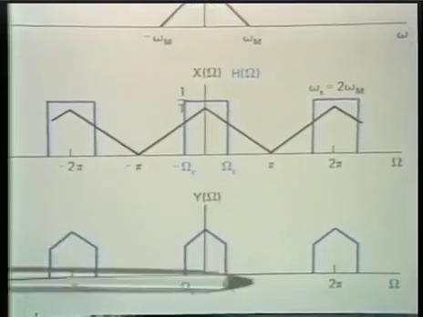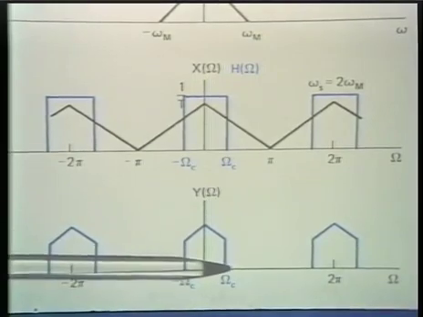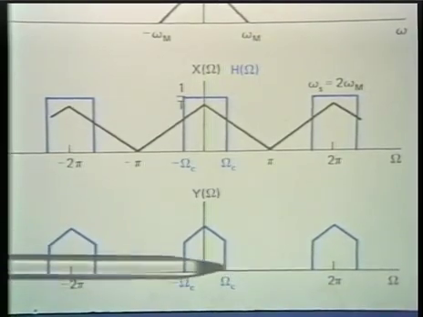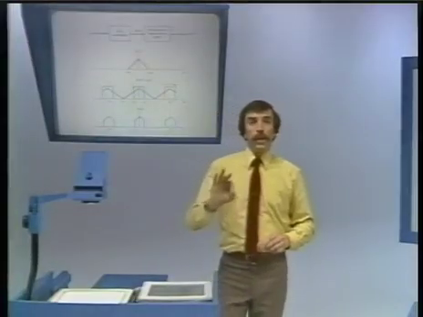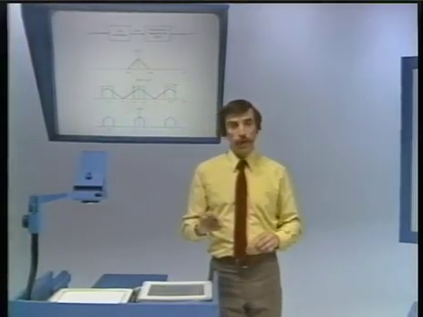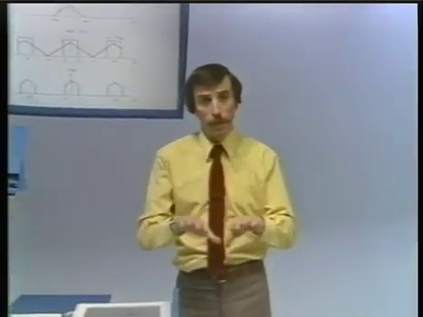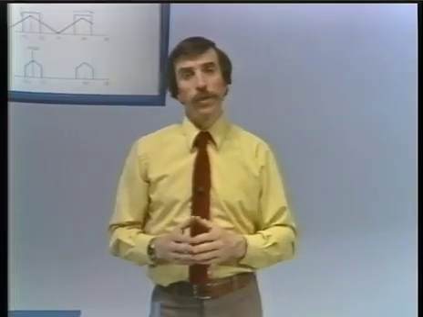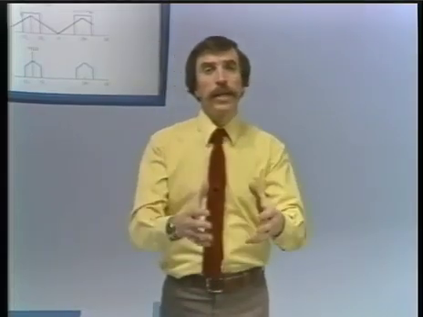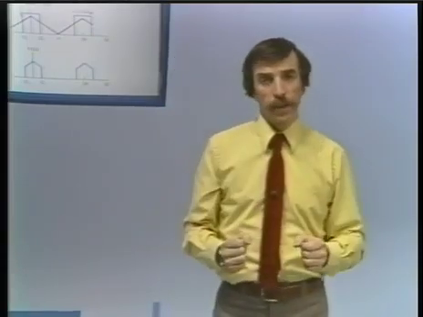Now, notice that in this spectrum, although in the input to the filter, this entire band was filled up, in the output of the filter, there is a band that has zero energy in it. So what I can consider doing is taking the output sequence from the filter and resampling it.